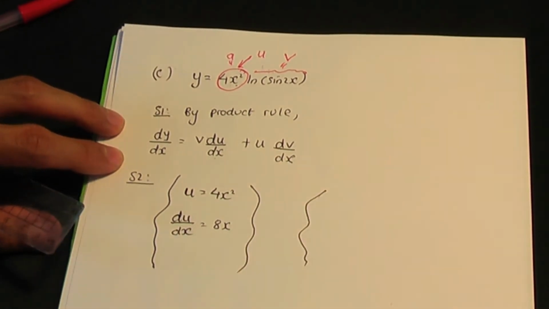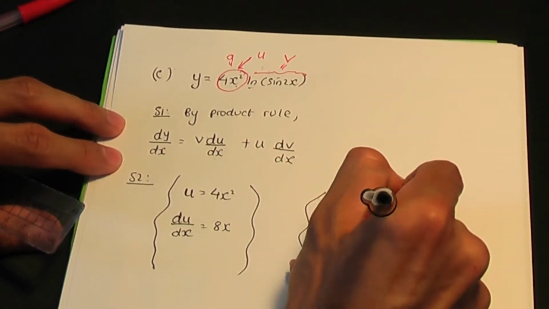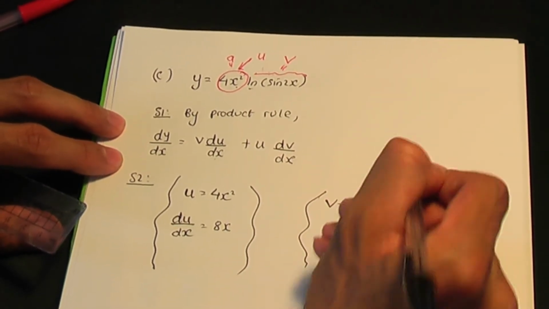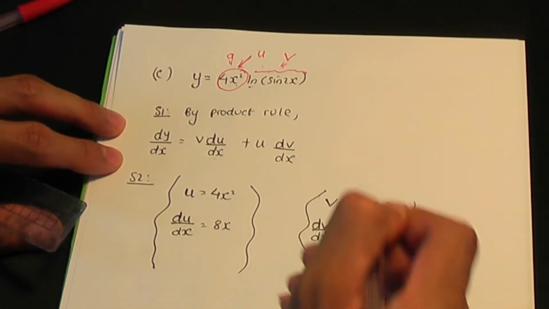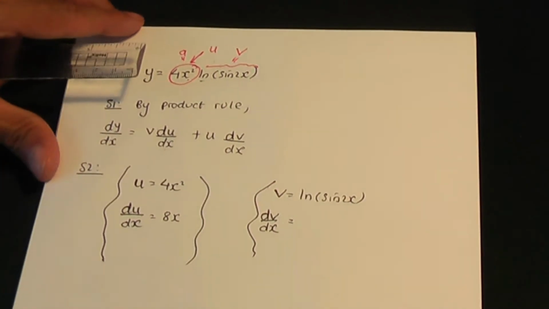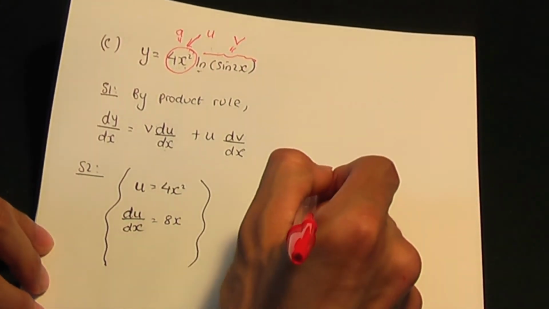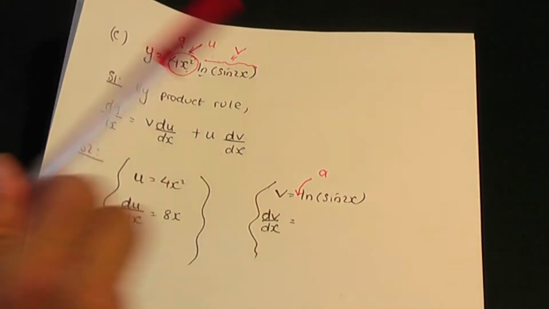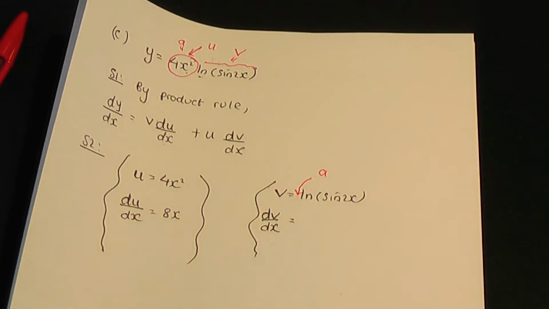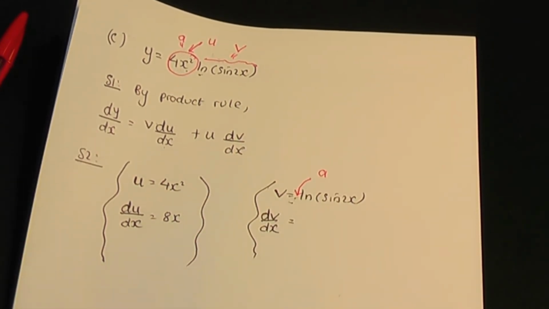Alongside this side calculation, let's do another side calculation. So v is ln sine 2x. Let's work out dv over dx. Let's challenge ourselves. The term in front of ln, our a term, is 1. 1 is a constant, so we can use the chain rule related result.